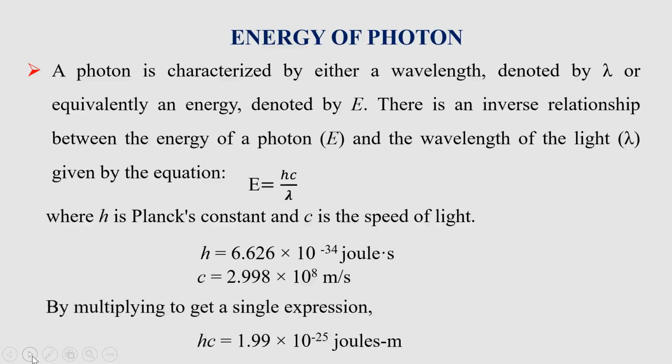By multiplying to get a simple expression, hc is equal to 6.626 into 10 raised to minus 34 joule second into 2.998 into 10 raised to 8 meter per second. This value is calculated, and the hc value is equal to 1.99 into 10 raised to minus 25 joule meter. This is the multiplied expression as a single expression.